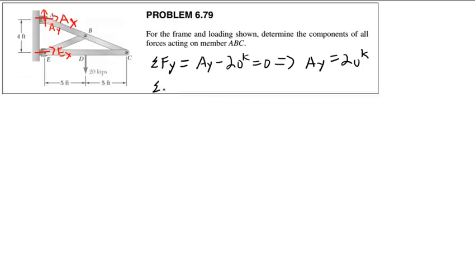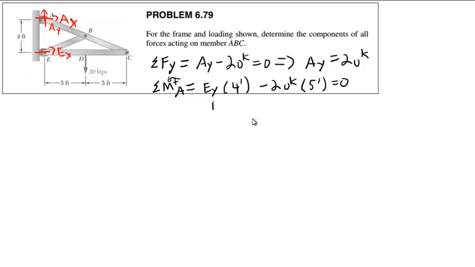Then I will do the summation of moments about point A, and that gives us EY, positive moment, counterclockwise, times 4 feet, minus 20 kips times 5 feet, equals 0.